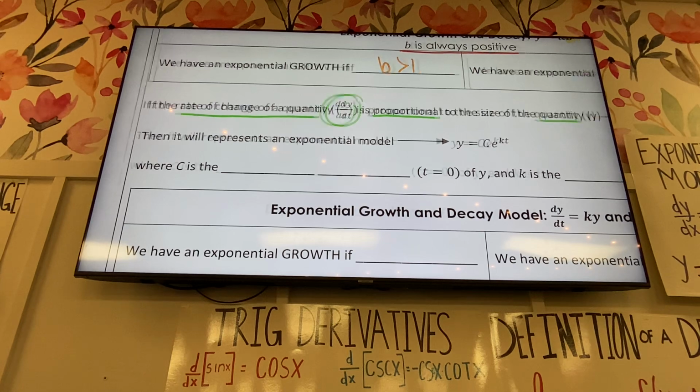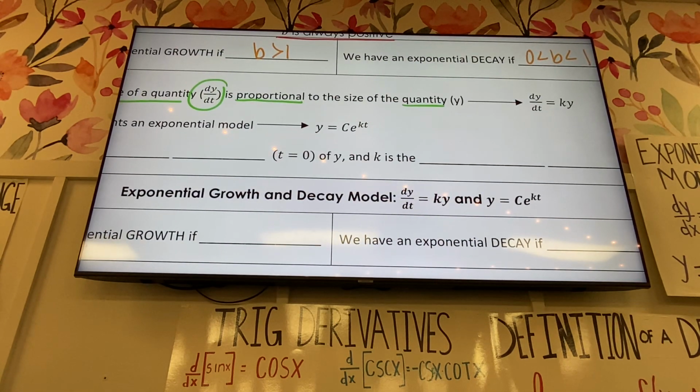If you can recognize this specific differential, then you can automatically go straight to this solution, so we can skip the separation of variables. I'm going to prove why this works by separating the variables down below. But if your differential is proportional to the size of the quantity, your solution will be an exponential function.